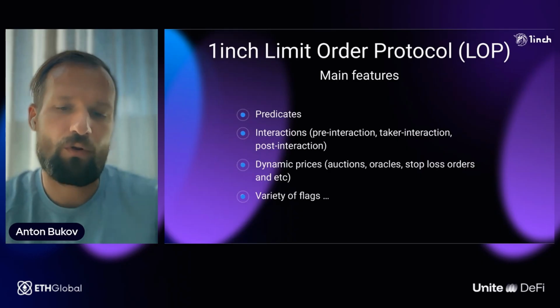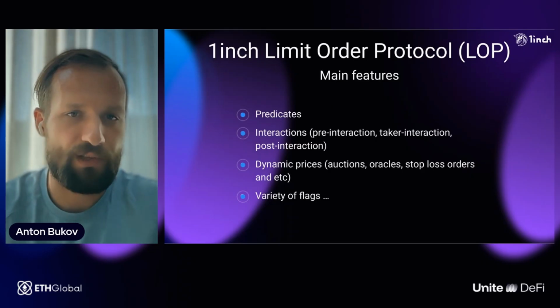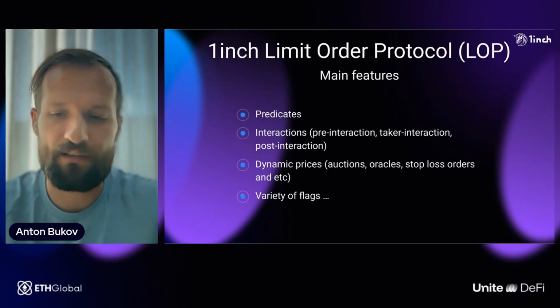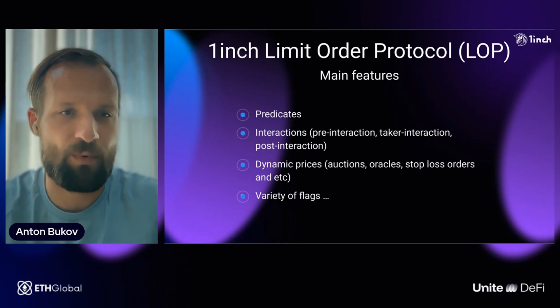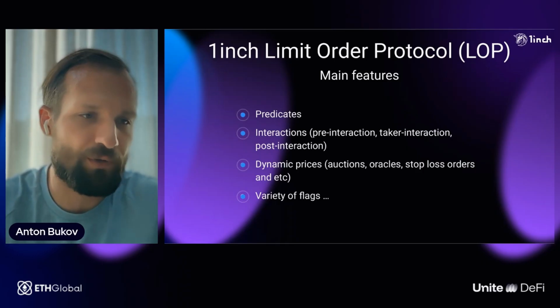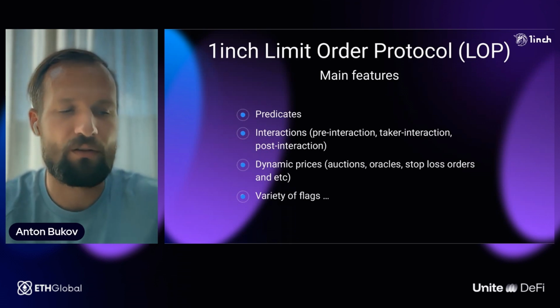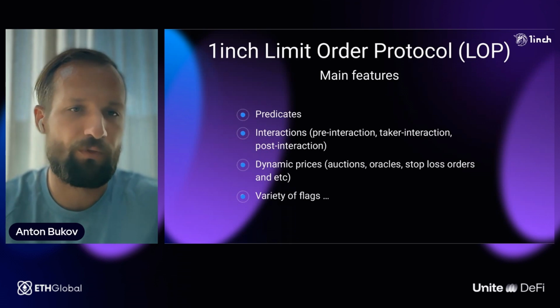Moreover, the Limit Order Protocol has some features which developers can use to achieve something outstanding. For example, it has predicates. A predicate is a static call which checks arbitrary things and returns true or false, meaning it lets the order be filled or not.